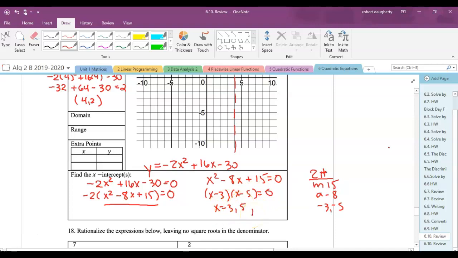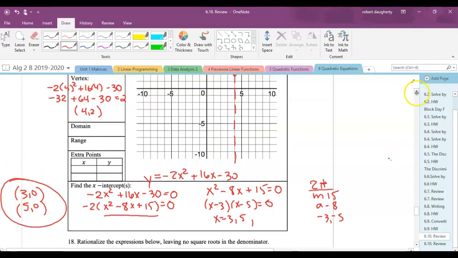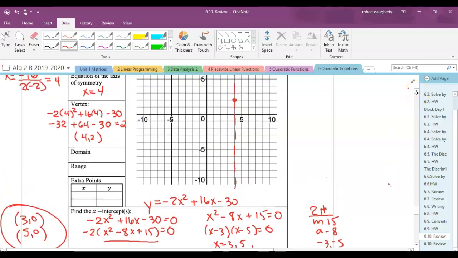Now, what did they ask me? What are the x-intercepts? The x-intercepts are the points (3, 0) and (5, 0). If I need to find an extra point, let's pick, say, x equal to 2, just something near the vertex. I haven't subbed that one in yet.